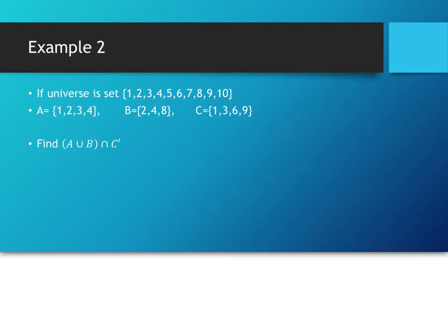All right, so like always, make sure that you take this one step at a time. A union B is, in this case, 1, 2, 3, 4, and 8. Intersect C complement, that is 2, 4, 5, 7, 8, 10.